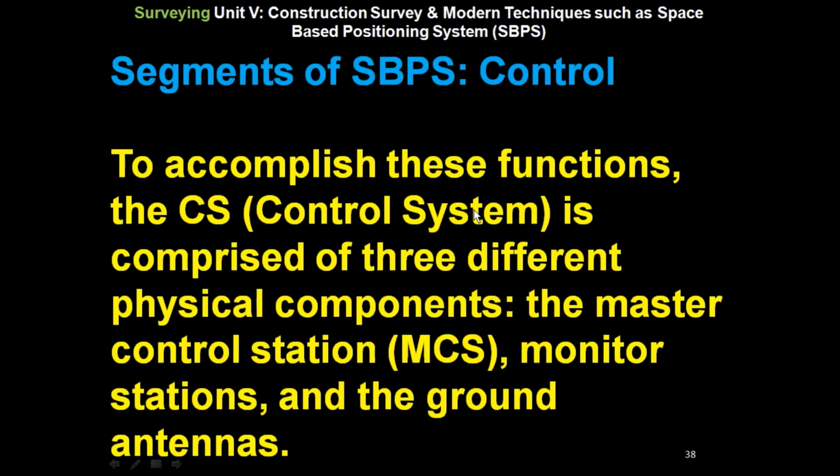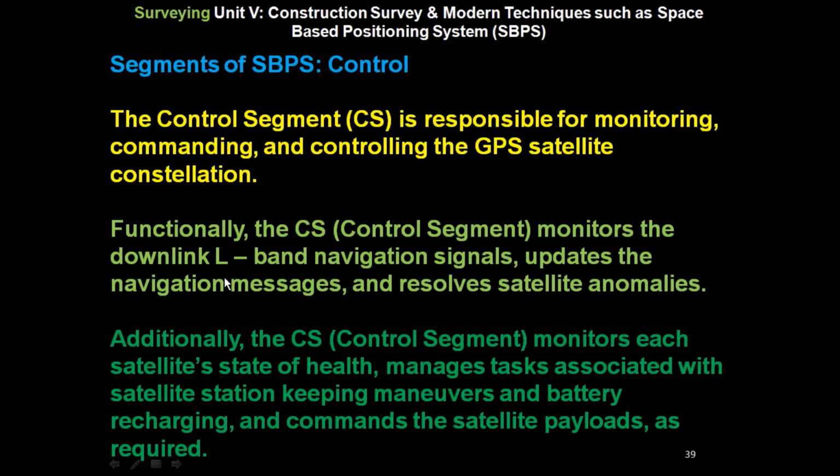To accomplish these functions, the CS, the control system, is comprised of 3 different physical components: first, the master control station, that is MCS; second, the monitor stations; and third, the ground antennas. The control segment, that is CS, is responsible for monitoring, commanding, and controlling the GPS, that is Global Positioning System, satellite constellation.